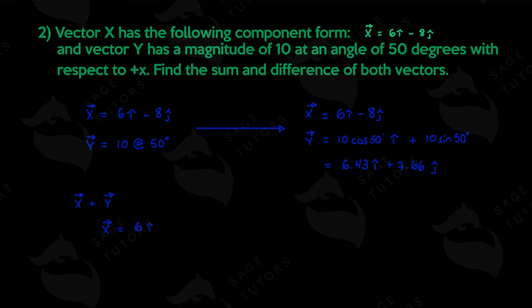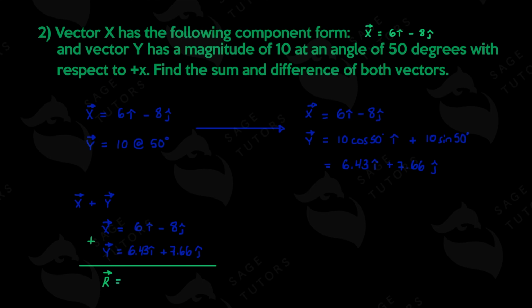So I will write the x vector on top and the y vector on the bottom, which would be 6.43i plus 7.66j. And I would like to add both of these in order to get the sum of these vectors. Sometimes you will find that these operations will tell you that the result of this sum would be called the resultant vector, represented by r with an arrow above it.